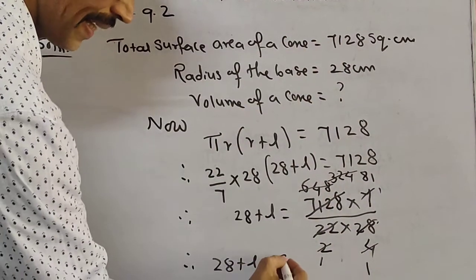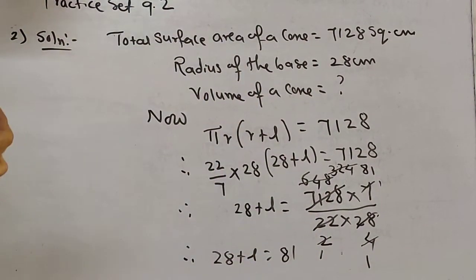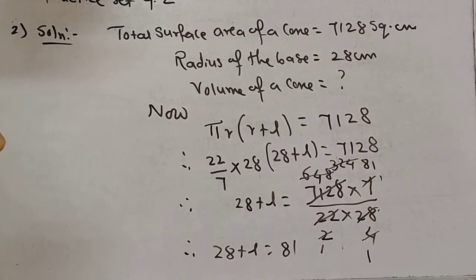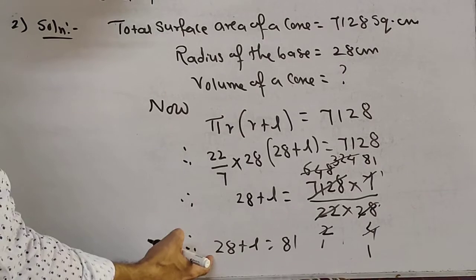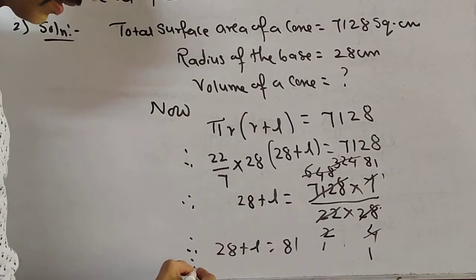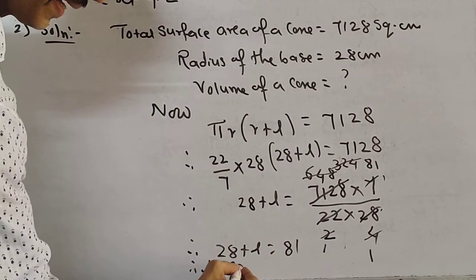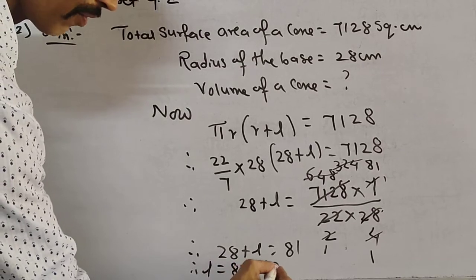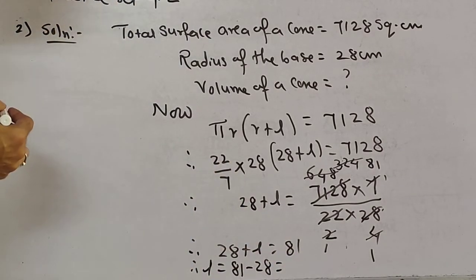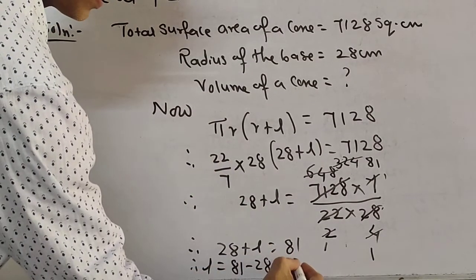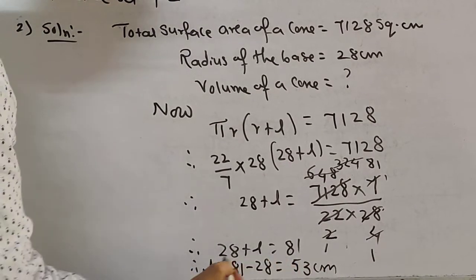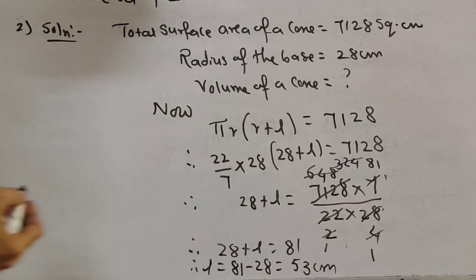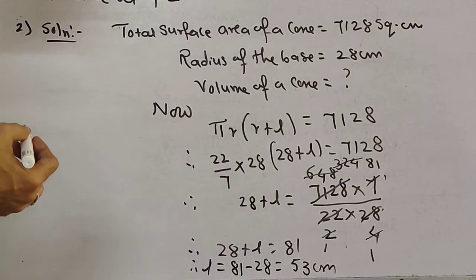So you got 81 remaining after cancellation. Now 28 will go there, becomes minus, and therefore L is equal to 81 minus 28. If you will minus this, you will get 53 centimeter. You got L as 53 centimeter.